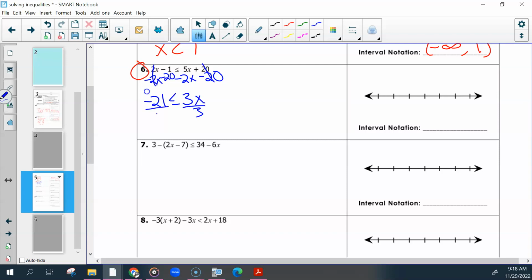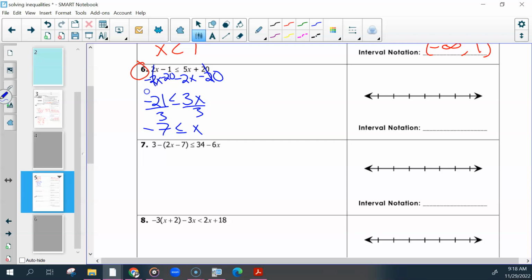Divide both sides by 3. Will our sign change? No. So you can leave it like this, but when you graph it, you'd have to read it backwards. x is greater than or equal to -7.